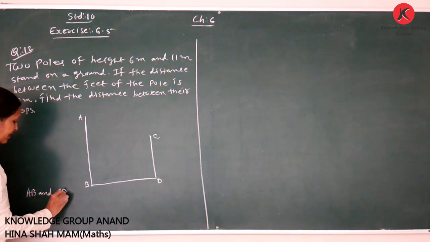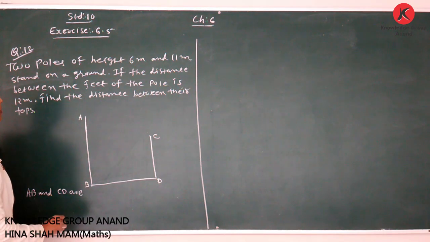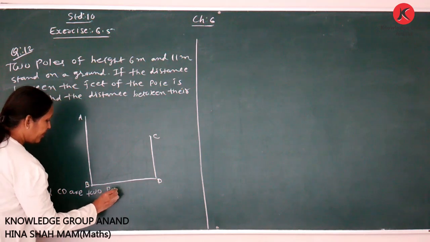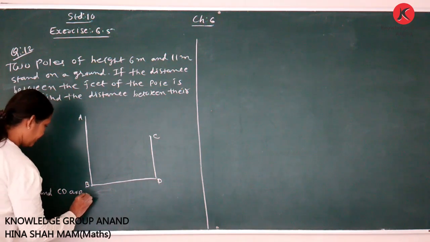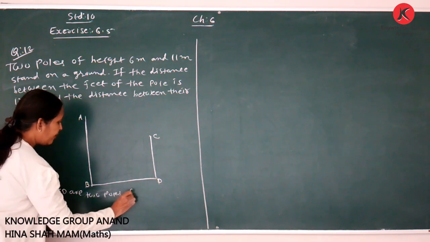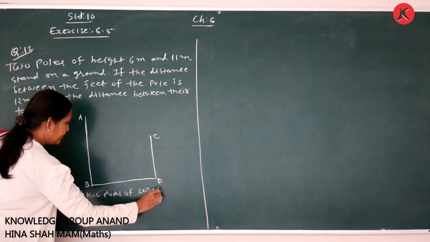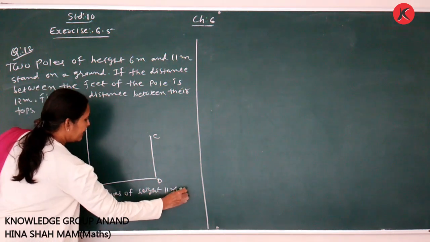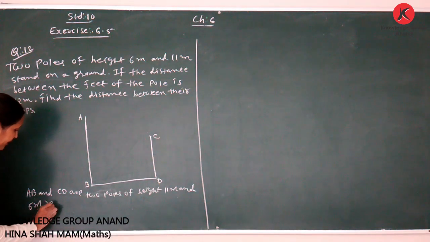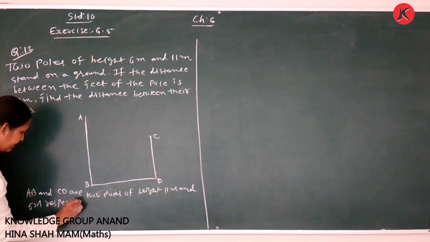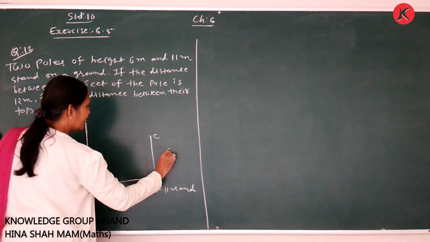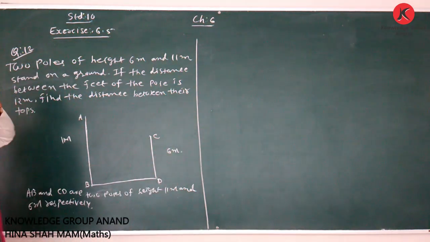AB and CD are two poles of height 11 meter and 6 meter respectively. Here it is 11 meter and it is 6 meter.